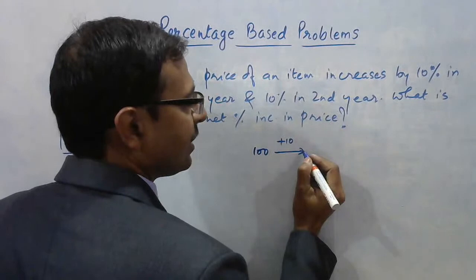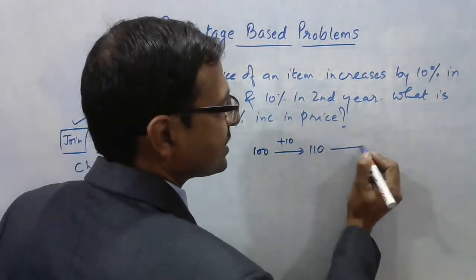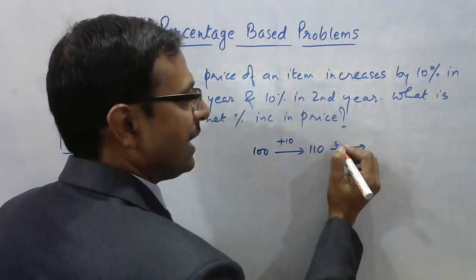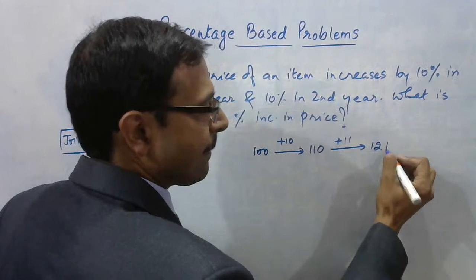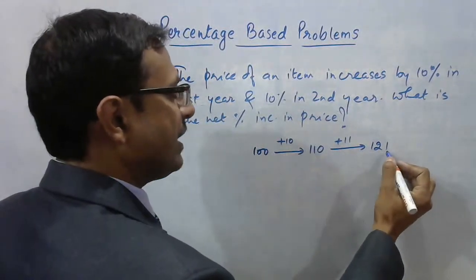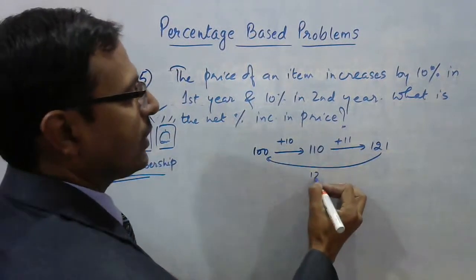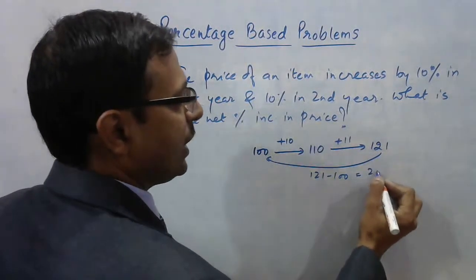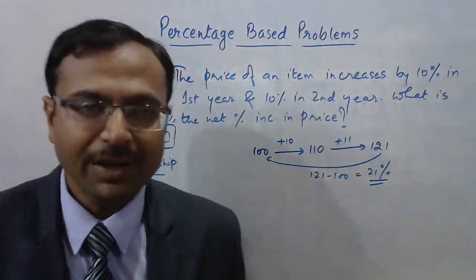It increases to 110 after the first year. And what is 10% of 110? That is 11. So 11 rupees increase in the second year. So 121. Now after the second year, 121 is the amount. So just take the difference and you have your answer, 121 minus 100, which is a 21% net increase in the price of the item.